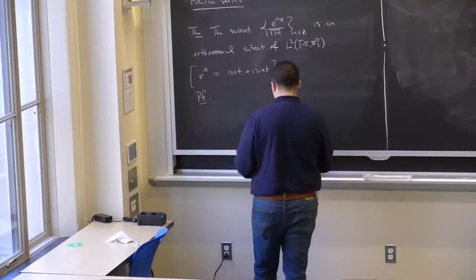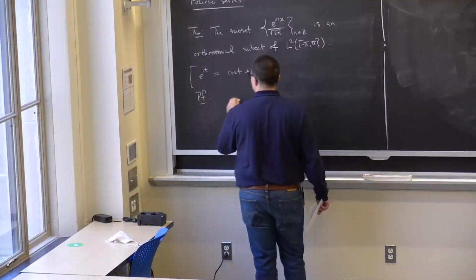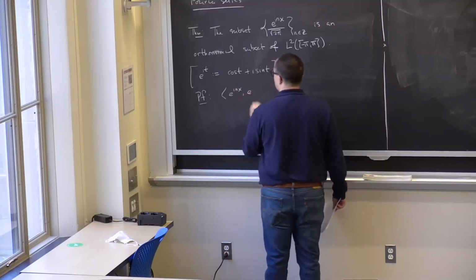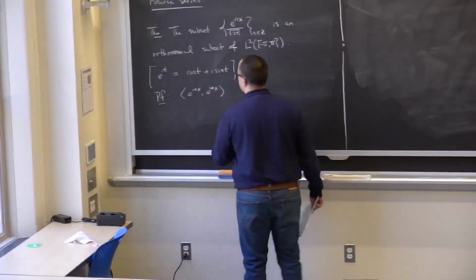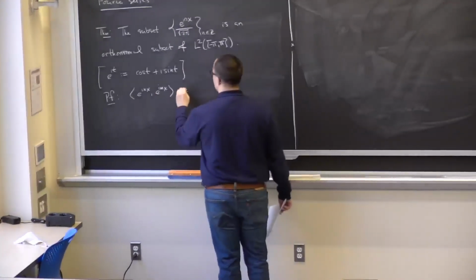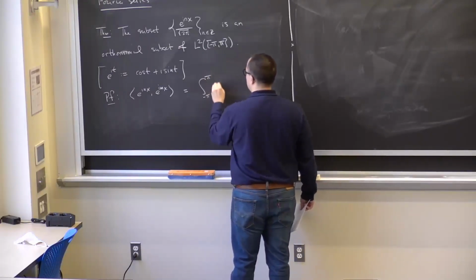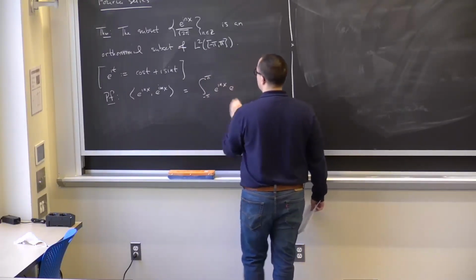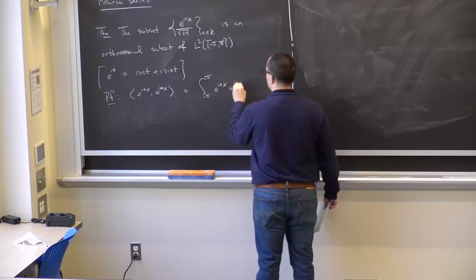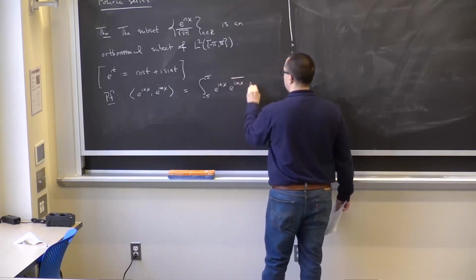What's the proof of this? If I take e to the i n x and inner product it with e to the i m x, now this inner product is in big L2. This is by definition equal to the integral from minus pi to pi of e to the i n x times e to the i m x complex conjugate.